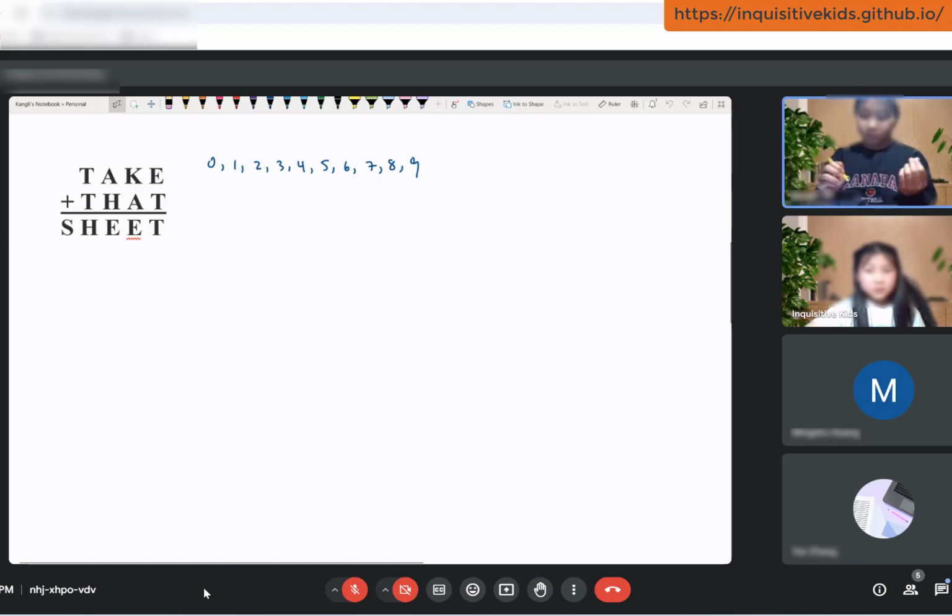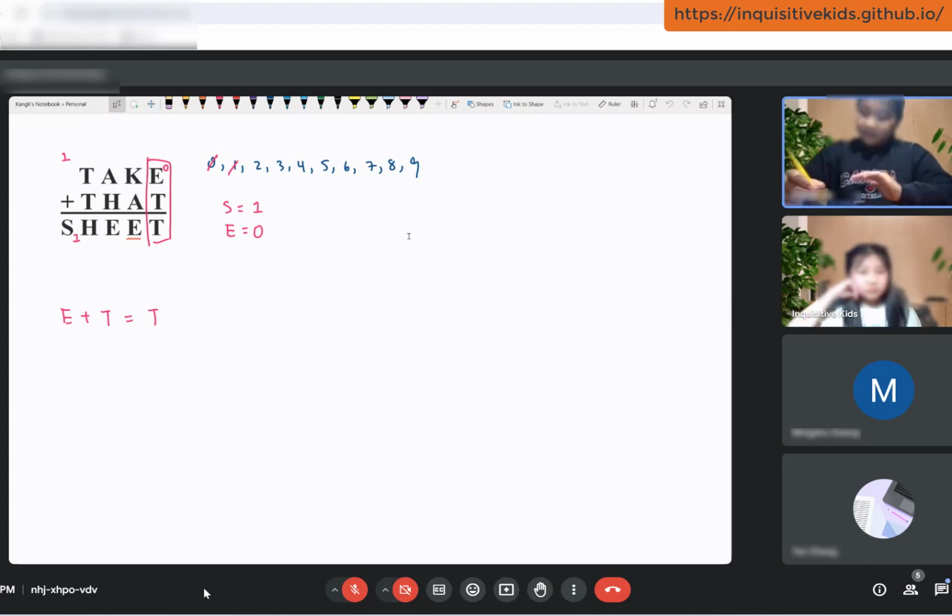And we know that whenever you add 0 to a number, you are still left with that number. So it means that E must equal 0 because it's taking on the properties of 0. So if E equals 0, then T added to 0 would still equal T itself. And then if E up here equals 0, then all of the other E's also equal 0, like this.